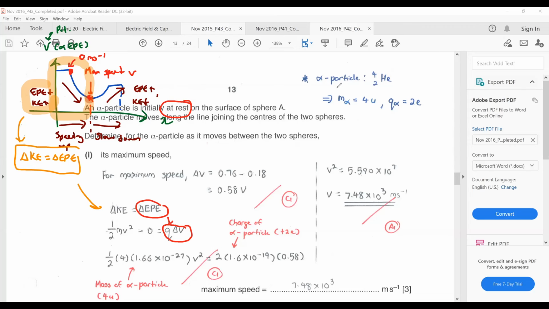Because this is an alpha particle, helium-4, the mass of the alpha particle is 4u. The charge of the alpha particle is 2e. So that's why your mass here is 4 times 1.66 times 10 to the power minus 27. And there's also the reason why your charge here is 2 times 1.6 times 10 to the power minus 19. Right?